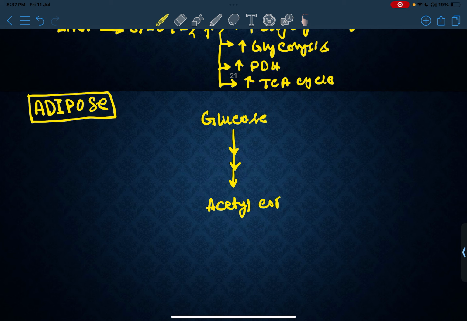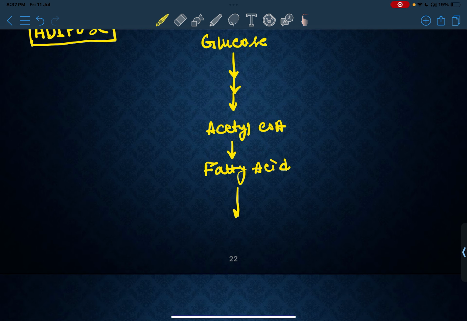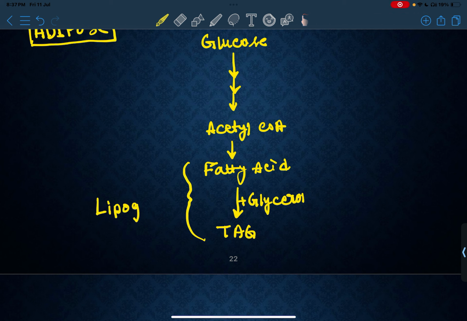This acetyl coenzyme A will form fatty acid. Fatty acid is converted to triacylglycerol by combining with glycerol. This process is called lipogenesis. We have already seen it before.